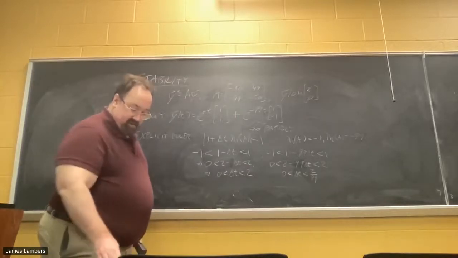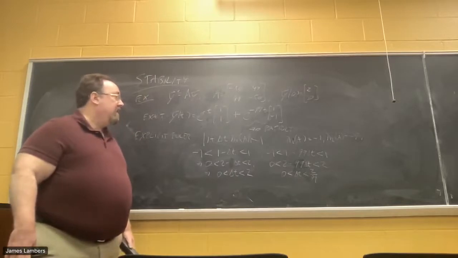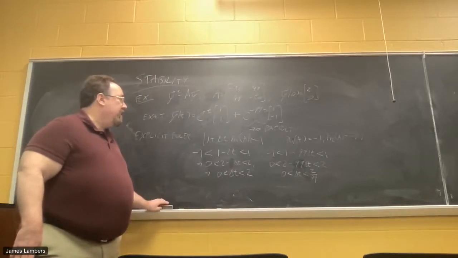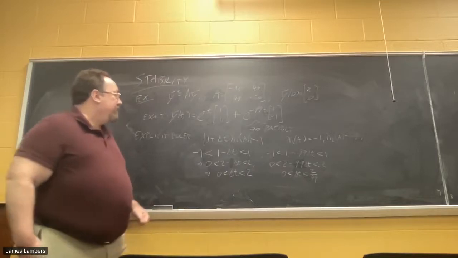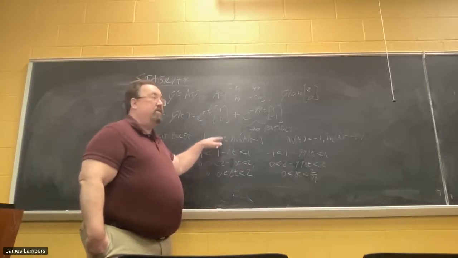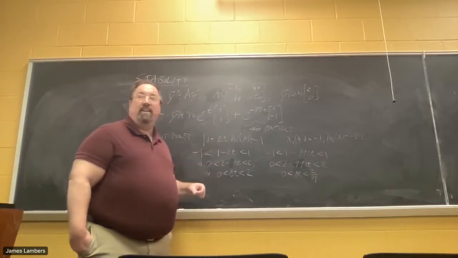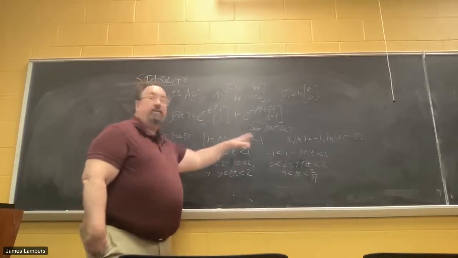So, what happens if the eigenvalue has solely imaginary parts? Well, this condition still applies in a complex plane, so it's still going to cause a constraint on delta t. As I said, in this case, because the eigenvalues happen to be real, I was able to do this.